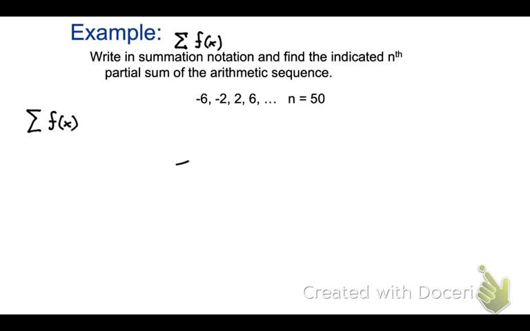We'll have an index. I used X, so I'm going to use X. We're going to have a starting point and an ending point. So lower limit, upper limit, function. Now, if we use an n, this would be f of, well, we don't want to use n's, too many n's, but you get it, right?